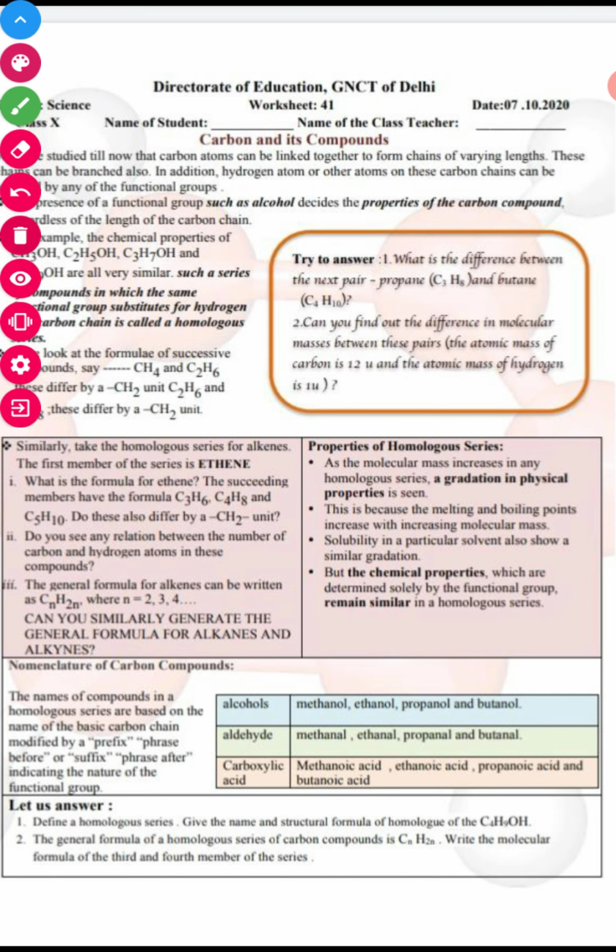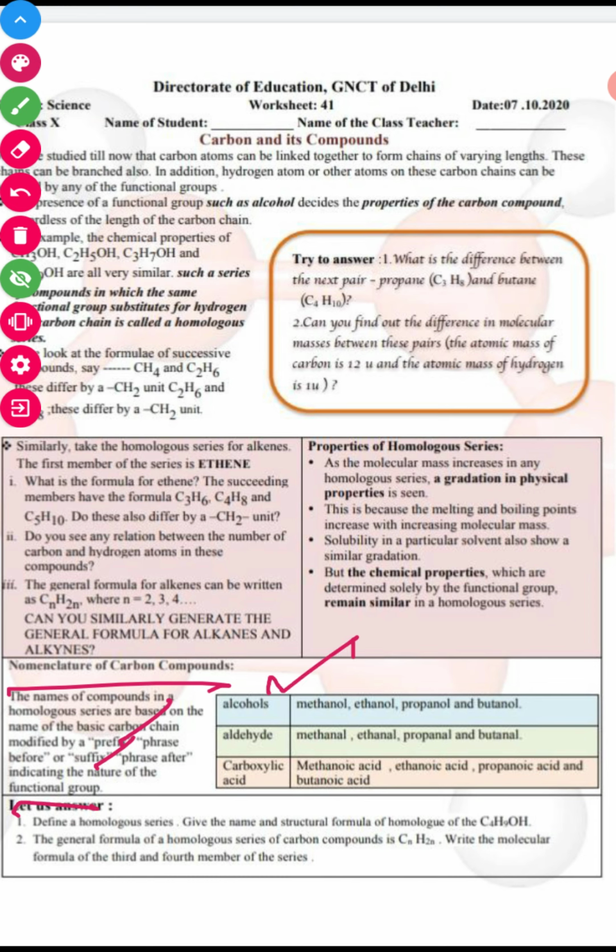Now, students, coming to the nomenclature of carbon compounds, the names of compounds in a homologous series are based on the basic carbon chain, modified by a prefix or suffix. These can be named with the help of prefix and suffix according to the presence of the functional group in that particular homologous series, after including the nature of the functional group.